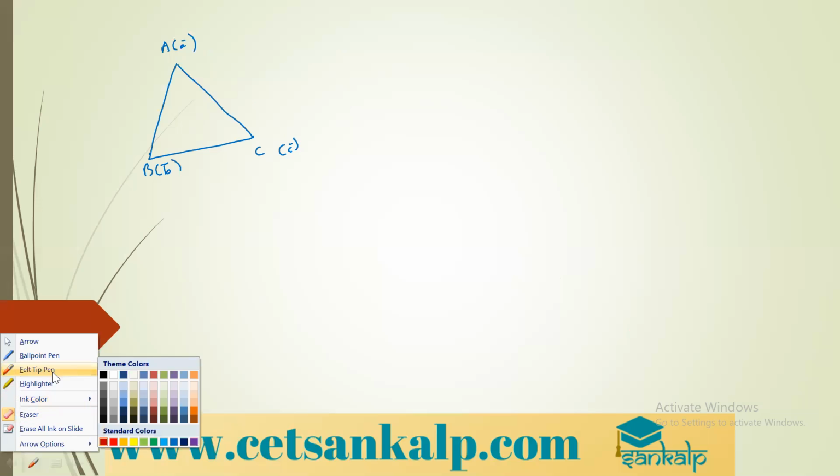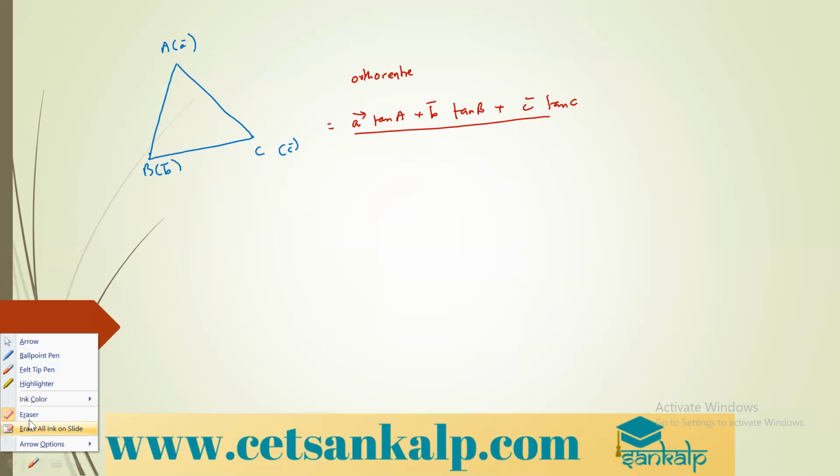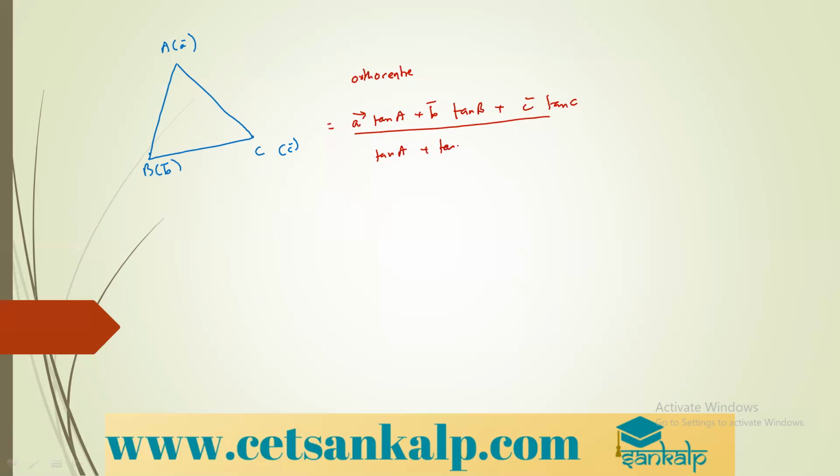Instead of taking orthogonals, directly I will take the orthocenter of this triangle, which is given as vector A into tan A plus vector B into tan B plus vector C into tan C by tan A plus tan B plus tan C. Or it can be taken in the denominator as vector A plus vector B plus vector C.